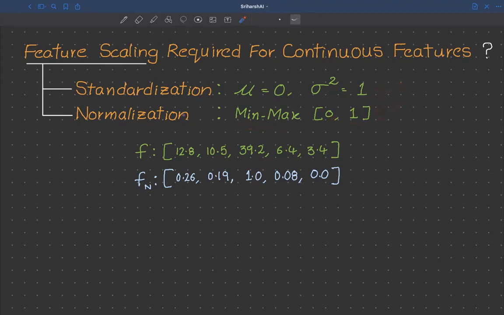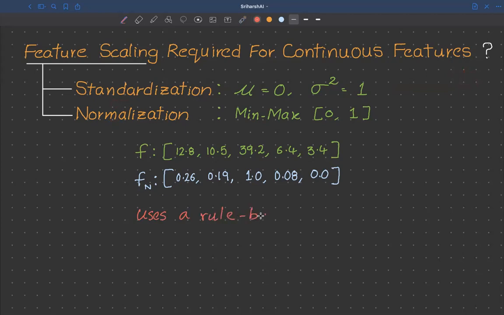So now the question is, do decision trees require feature scaling for continuous features? The answer is no. There is no requirement of feature scaling techniques such as standardization and normalization in the case of decision trees, because decision trees use a rule-based approach.